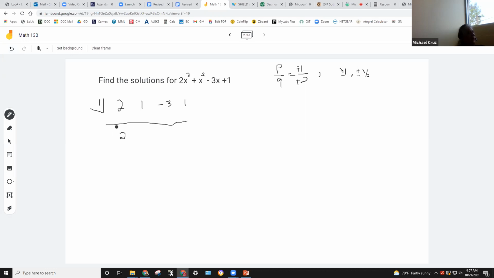Bring down the 2. 2 times 1 is 2. 3. That's going to be 0. But this one's not. So that's not 1. Something's not right here.